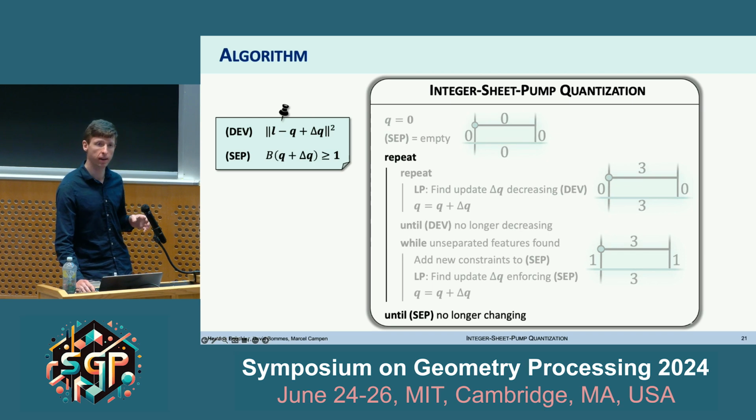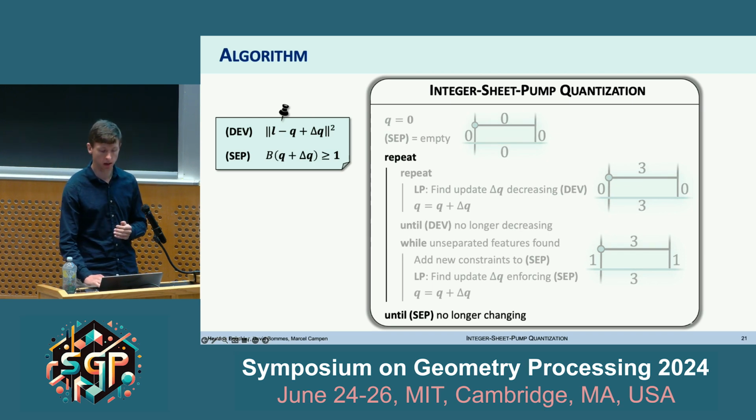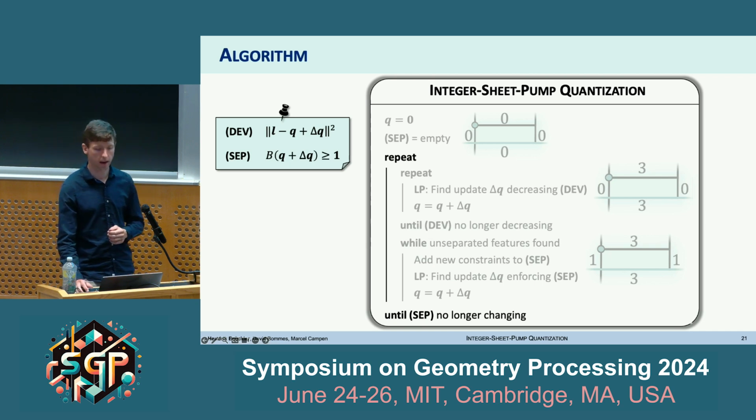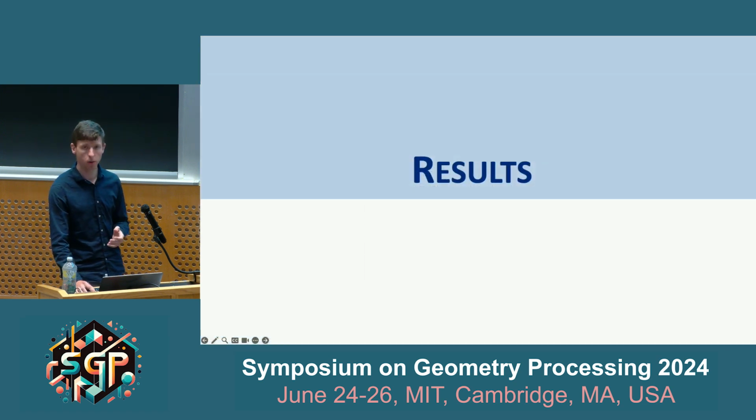Because these new constraints might change the global optimum, we still have to repeat optimization until both the objective and the separation are no longer changing. That's basically everything required for our method. For more specific details, I have to refer you to the paper. So for now, here's how our method works in practice.